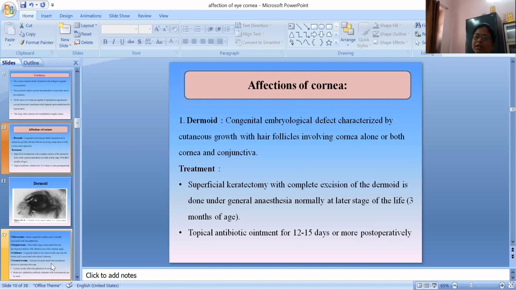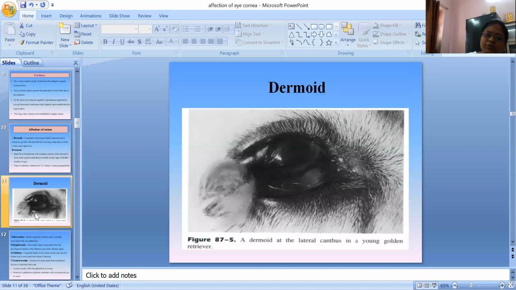It affects the cornea as well as the conjunctiva. So you can see here photographs of dermoid. You can see the extracutaneous layer and these are hairs. That is dermoid.